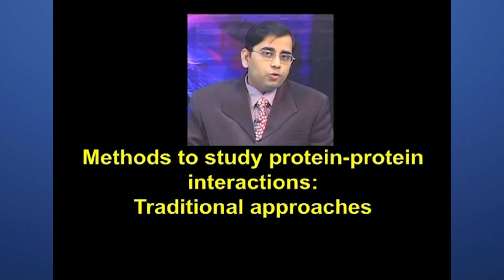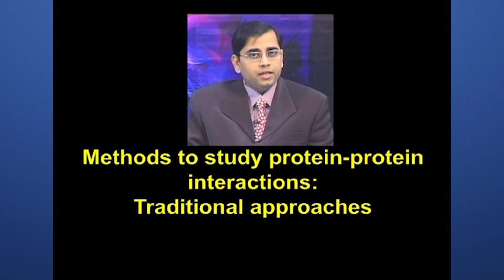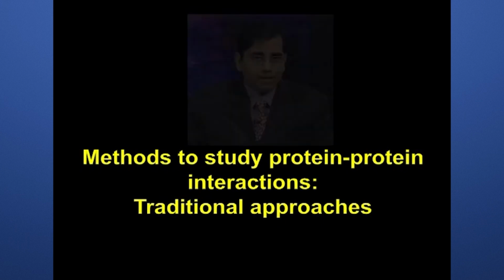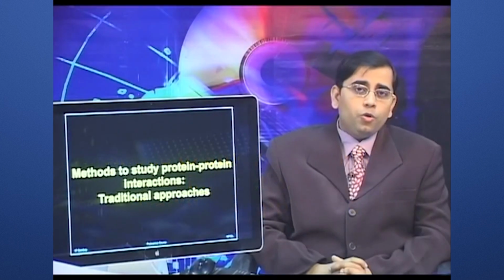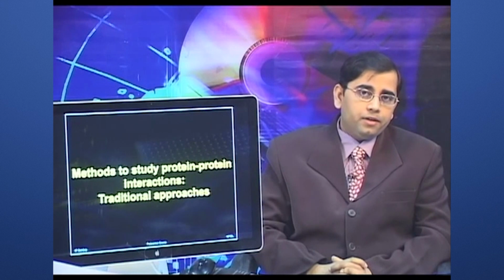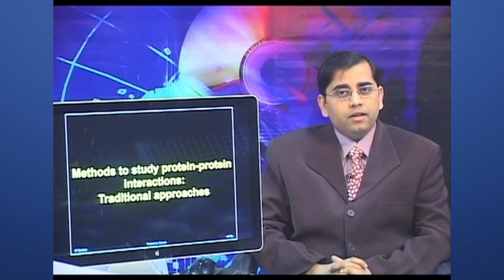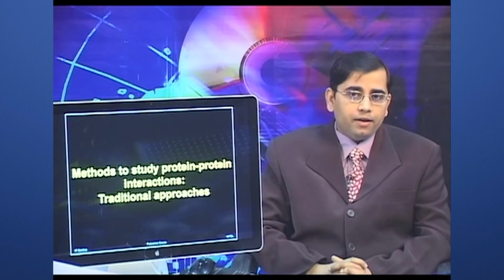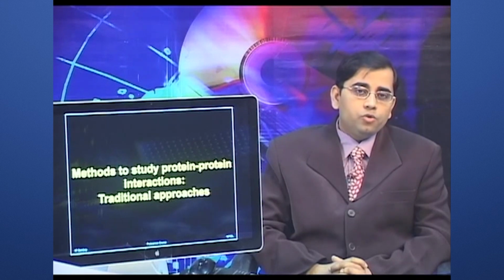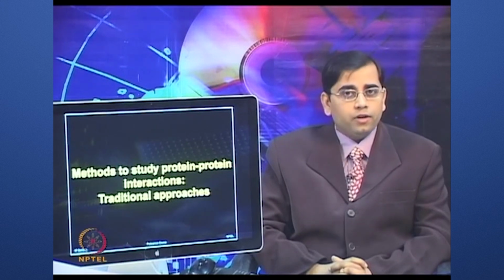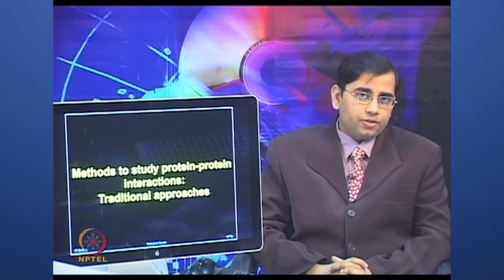These are yeast two-hybrid, also known as YTH, and immunoprecipitation with mass spectrometry identification, also known as IP-MS. Both of these approaches have been used to identify thousands of novel interactions in different organisms, including human, C. elegans, Drosophila, etc.